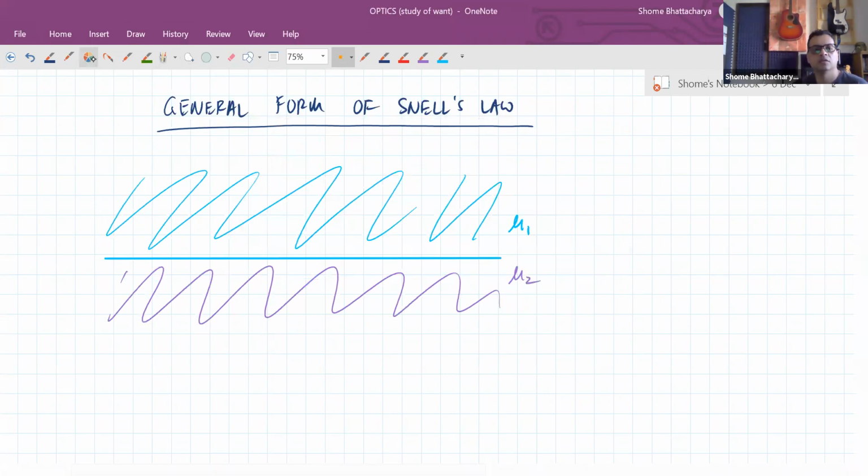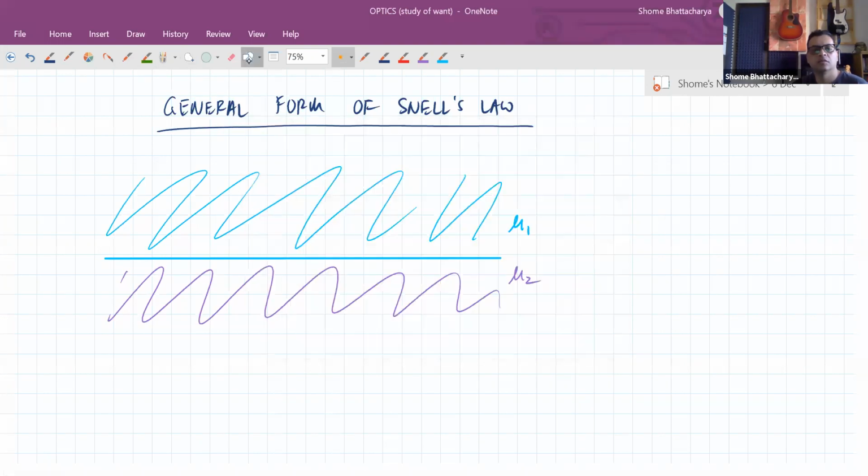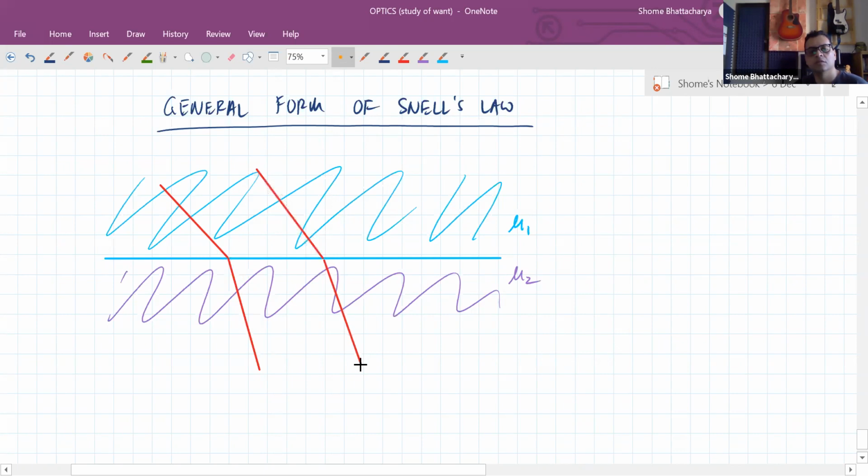Then suppose mu2 is greater than mu1, and this will tend to be like this. Now let's say in the first case we are considering this as the incident ray and this is the refracted ray. In the second case this is the incident ray and this is the refracted ray.